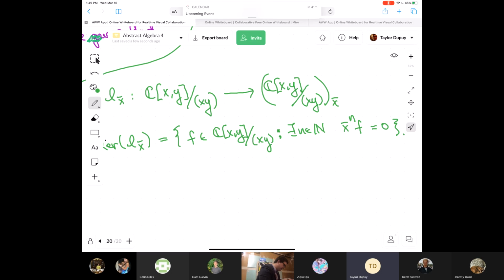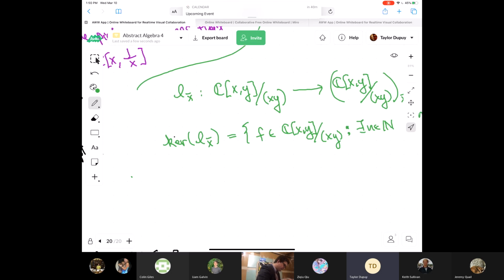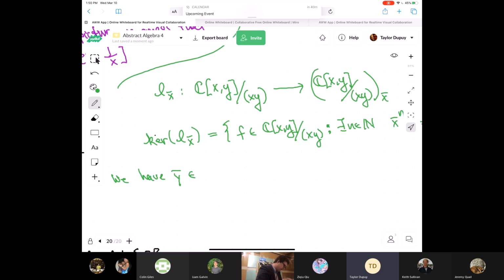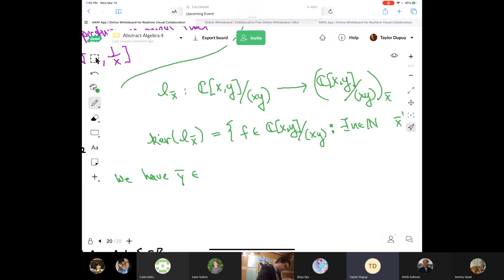So clearly y bar is an element of this thing, which means that y bar needs to go to 0.